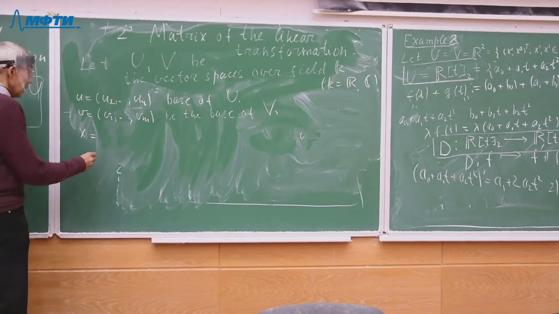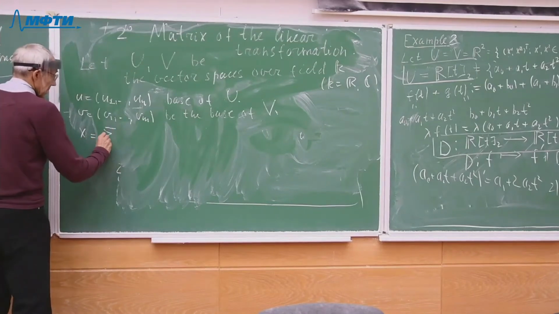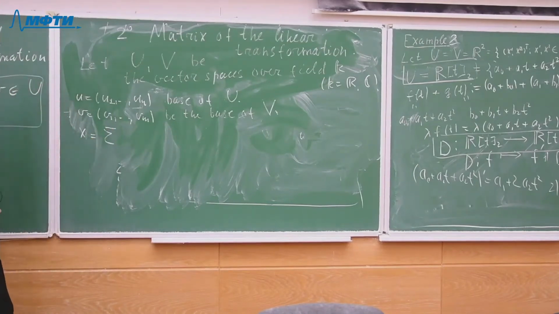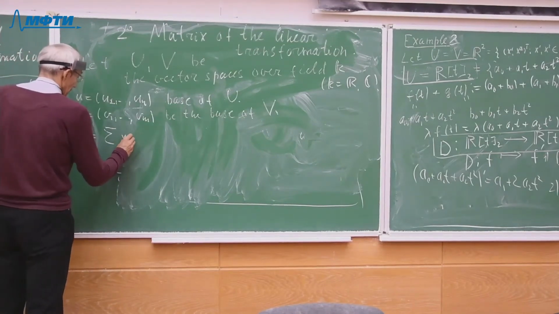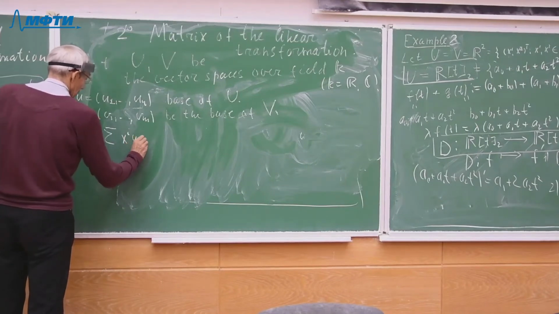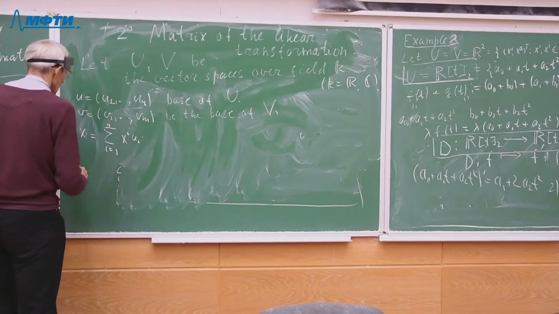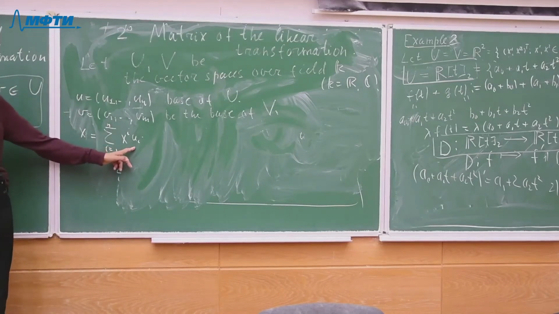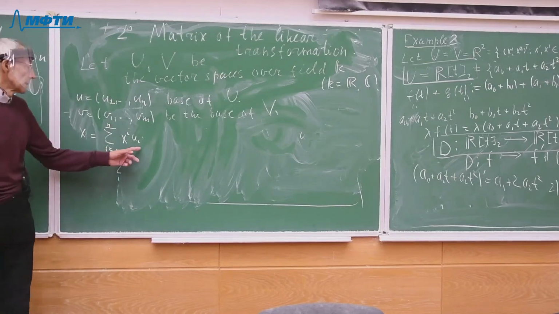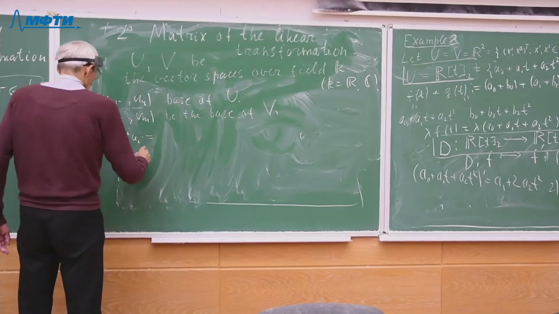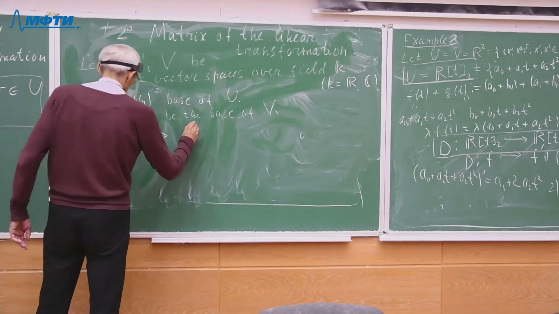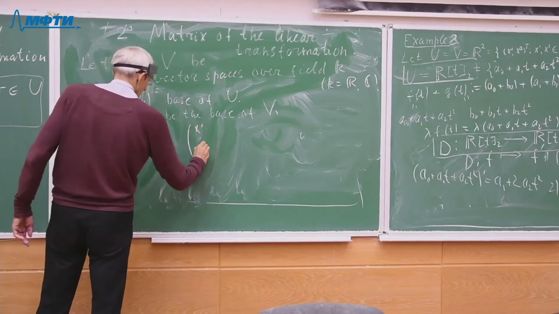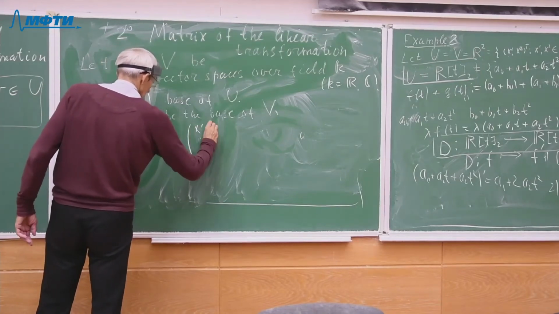We can present this vector as a linear combination of the basis vectors in a unique way, decompose this vector in terms of the basis vectors, and correspond the coordinates of this vector.